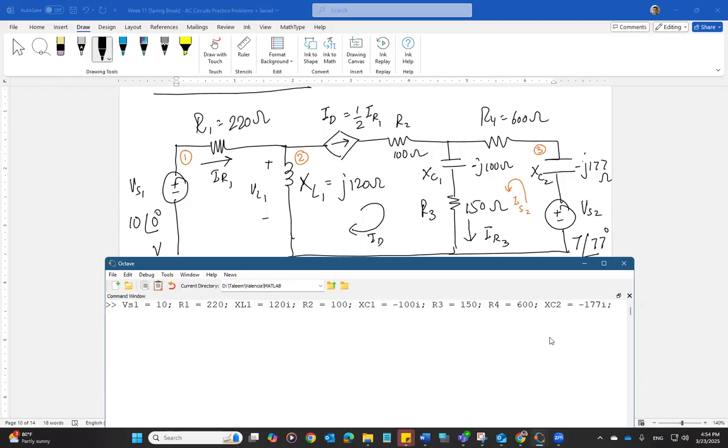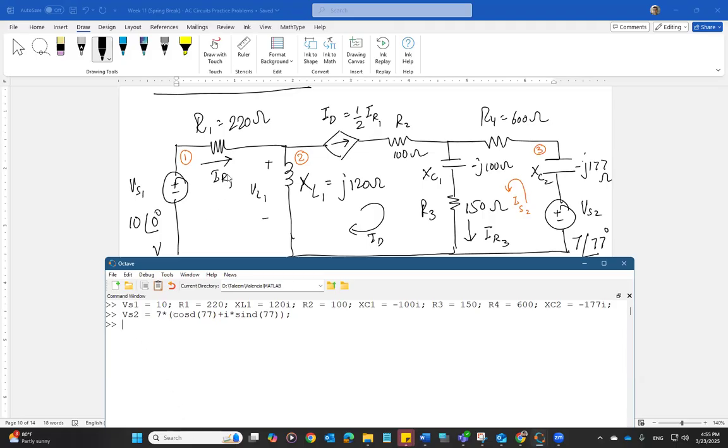And finally, VS2, let me do it on the next line. VS2 is 7 angle 77, so 7 times cosine of 77 plus i times sine of 77. So let's double check.